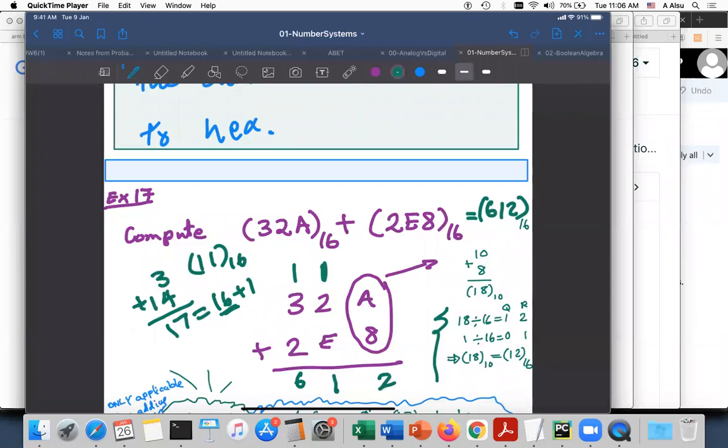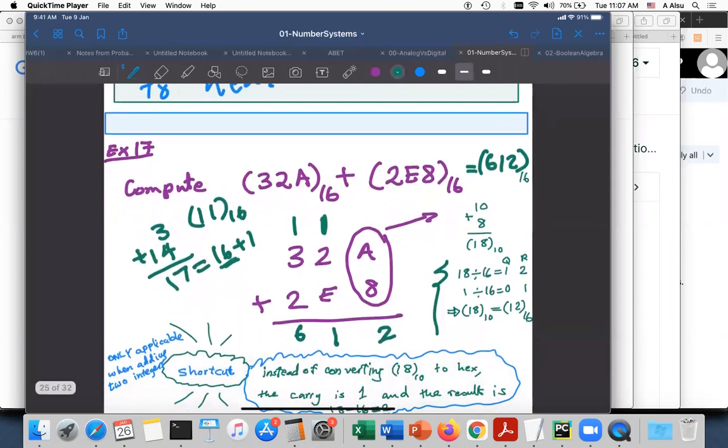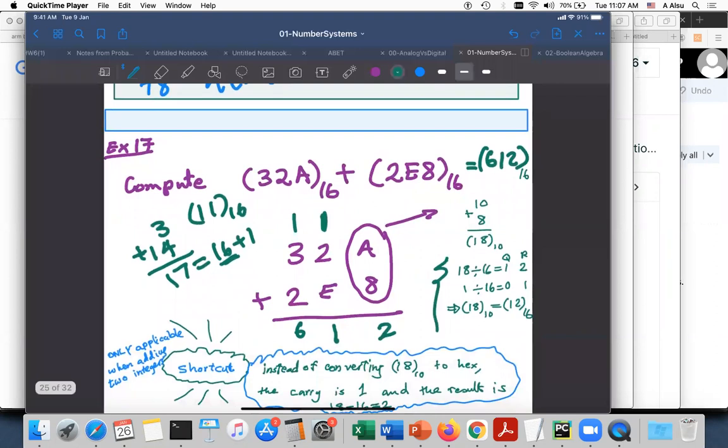Okay, so here is a shortcut. Instead of doing the conversion with the full-blown algorithm, you can do a trick to calculate the 2, assuming that the answer is greater than 15. In order to calculate the 2, you just subtract 16 from the result, which is 18 here.